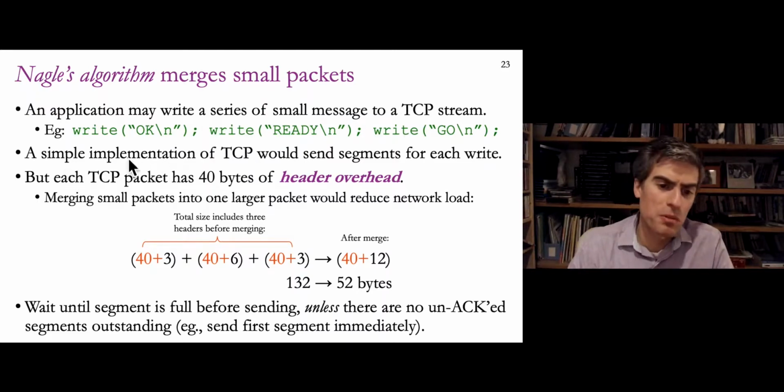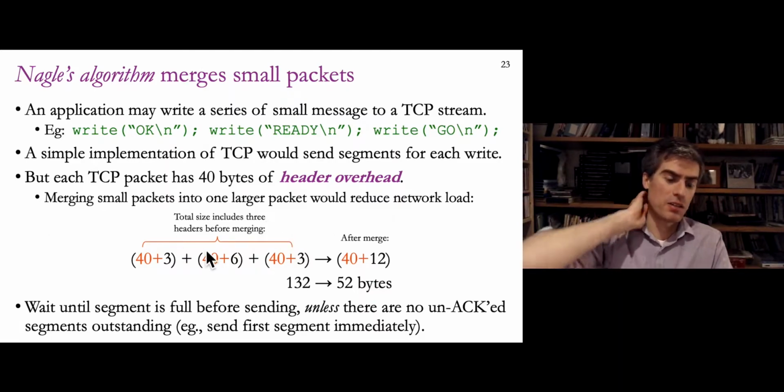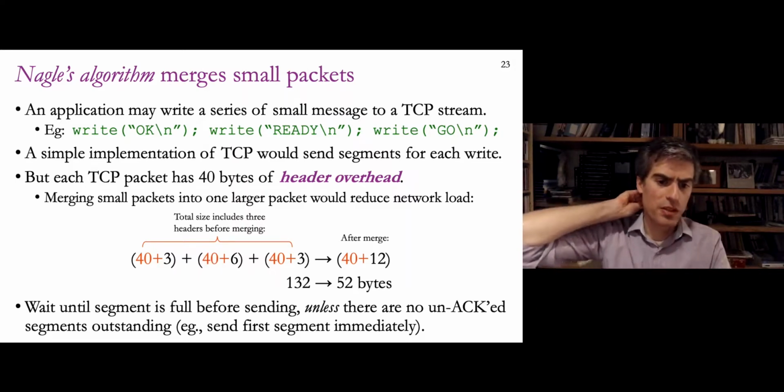Now, a simple implementation of TCP might send segments, which is to say packets, for every one of these, so 3 packets, which is fine. That would work. But you have to remember that every TCP packet has header overhead. There's information at the beginning of the packet that tells the routers.